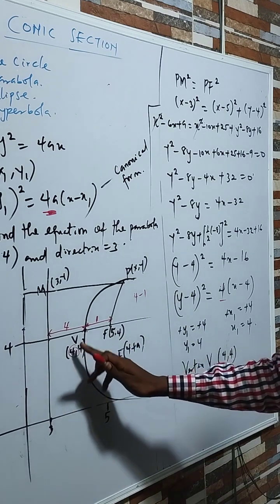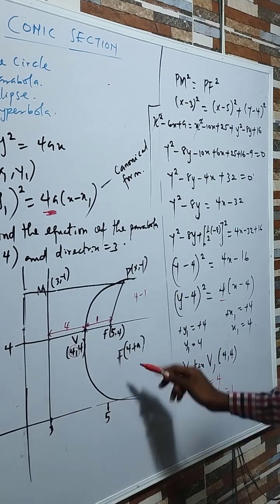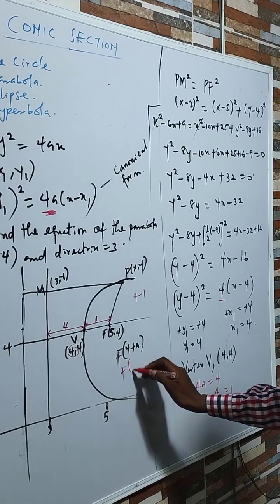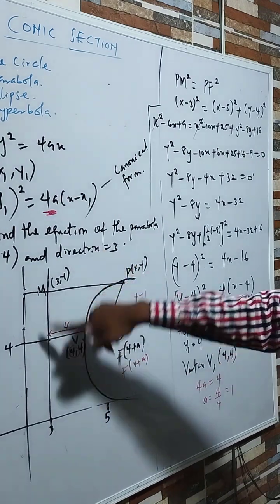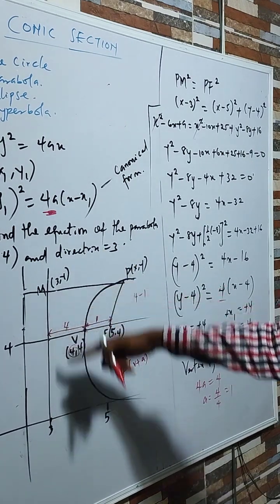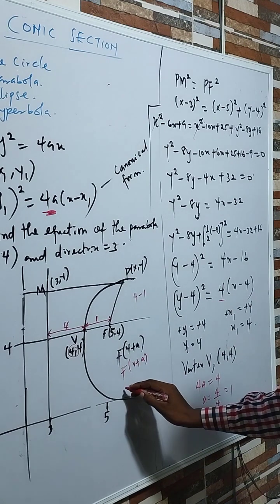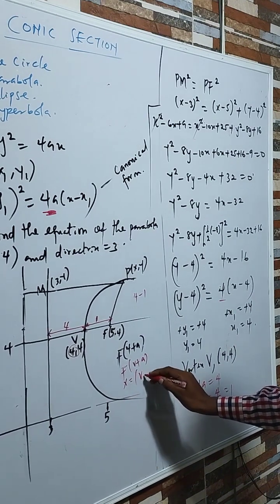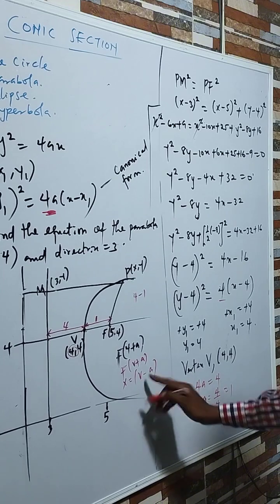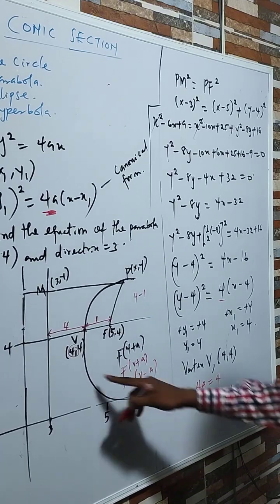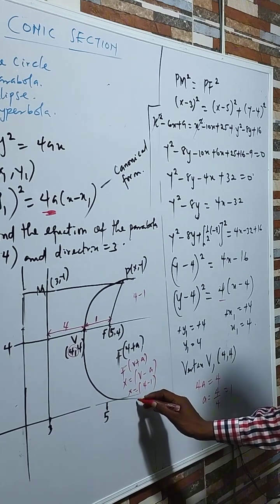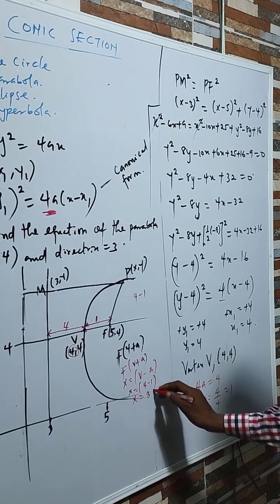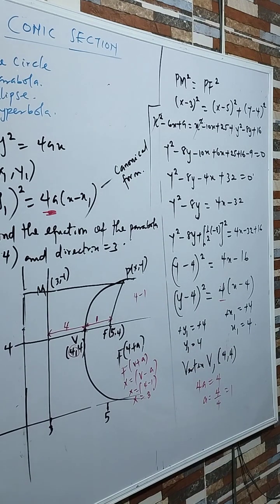If you are to get the focus, we say the focus is V plus a. To get the directrix, when it is not at the origin, we say that your x is V minus a. Your V is the vertex, so x is equal to 4 minus 1, and 4 minus 1 gives x equal to 3. Exactly what you are supposed to have in order to solve this particular problem.